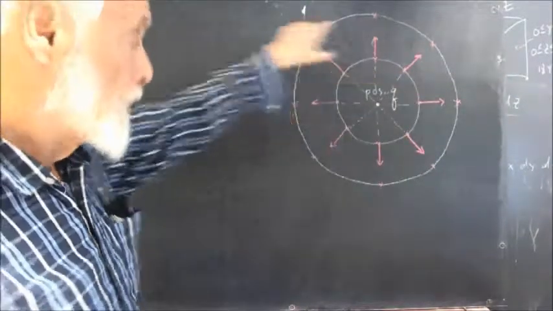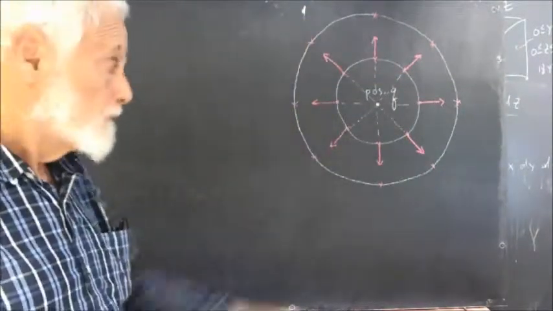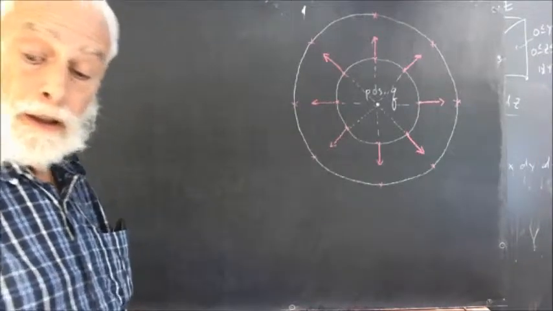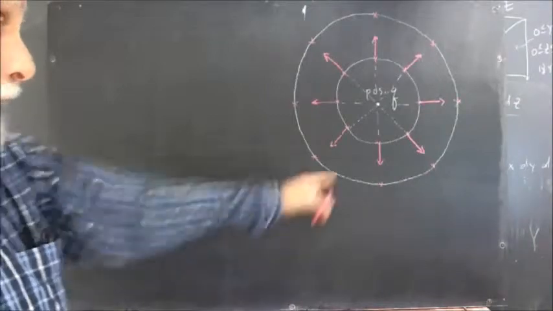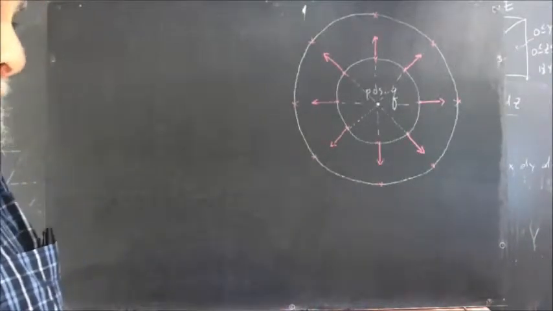There's no need to actually make those points along the same radial line, but I've chosen to do so, and you might think about what it's going to look like when we sketch in the resulting vectors.